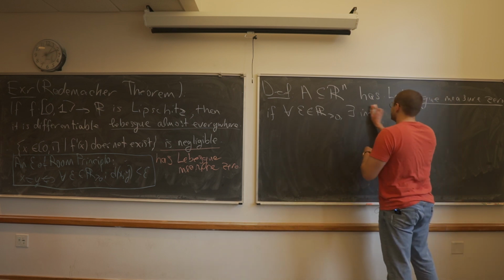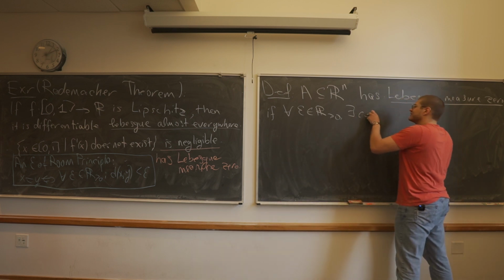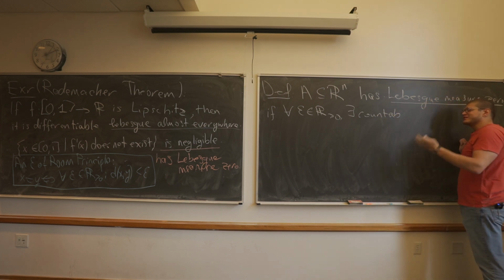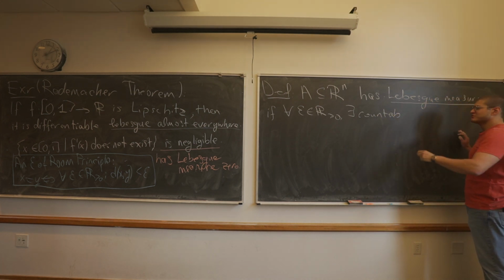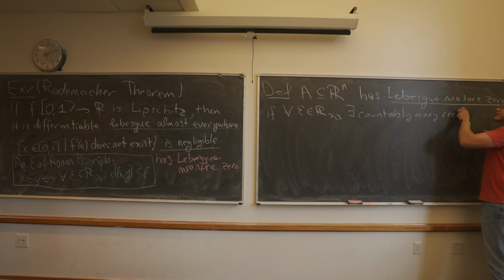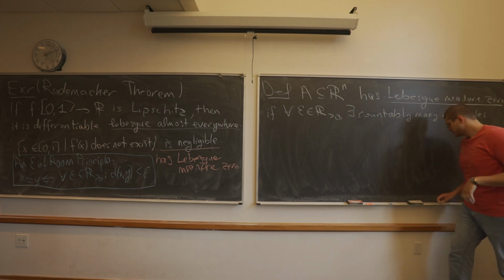I'm going to say countably many. It basically means the same thing as infinitely many, except that infinite means something more general. Or cubes, or whatever you want to call it. Boxes.